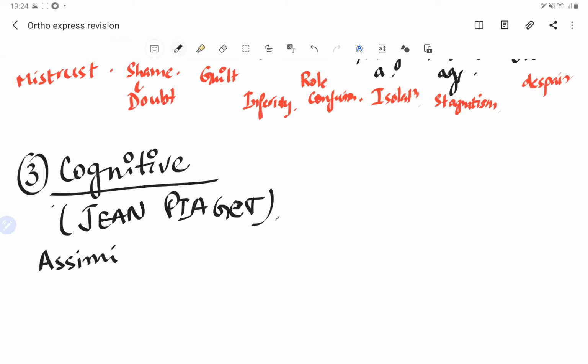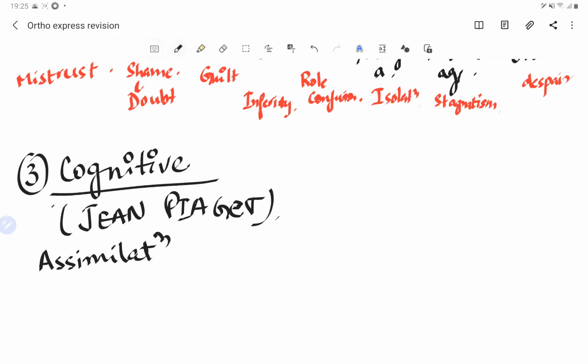So assimilation is the new information. For example, I have given you an example in one of my lecture series: if a child sees a cow and you tell the child, see, there are 4 legs, 2 horns, 1 tail, and this is an animal which is a cow, then this new information of cow is the assimilation, right?